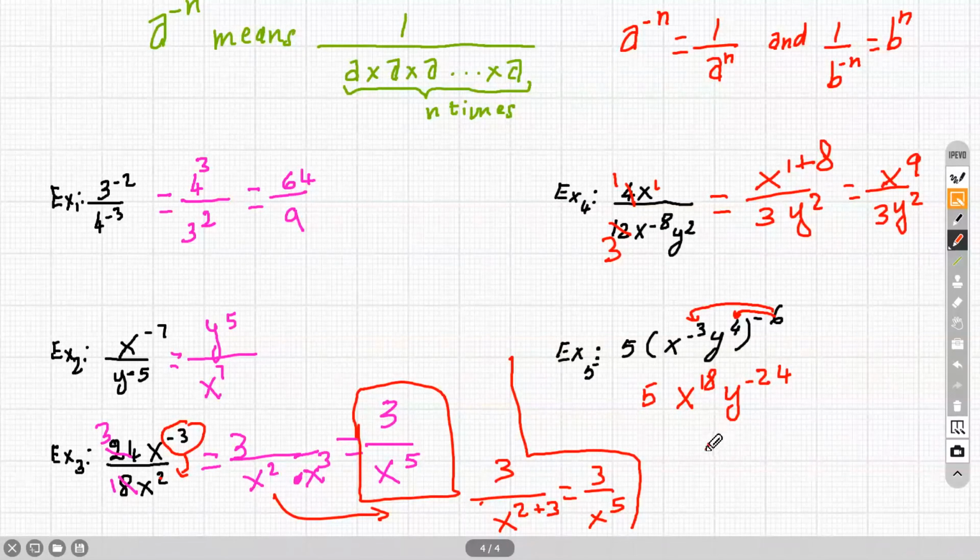That will leave me with 5x to the 18. Now I'm going to bring this in the denominator over y to the 24, and then I'm done. Once you bring it to the denominator, that would be your final answer.